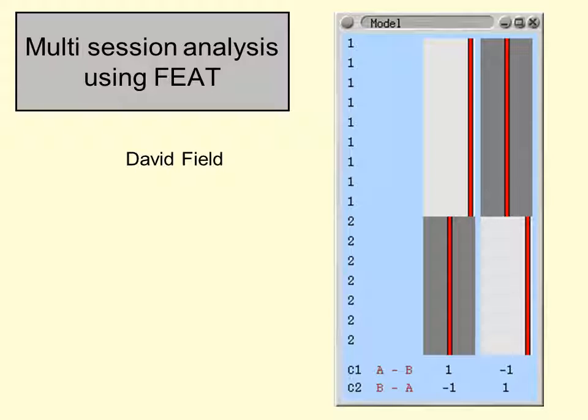What we're going to find out today is basically that higher level or second, third level analysis using FEAT uses exactly the same computational apparatus that was deployed at the first level in order to analyse a single session. That's essentially the message.